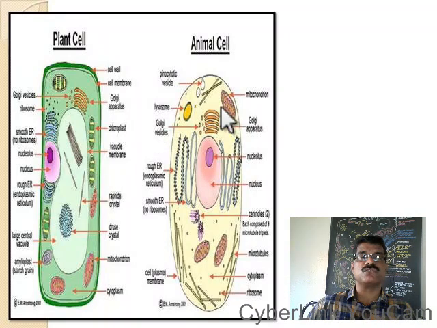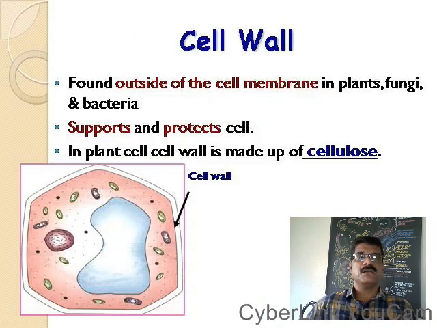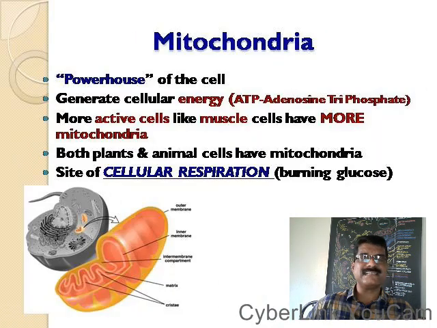The number of mitochondria is not one. There are many mitochondria. The mitochondria is a membrane bound organelle. That means it is covered by membrane. It has an outer membrane and inner membrane.